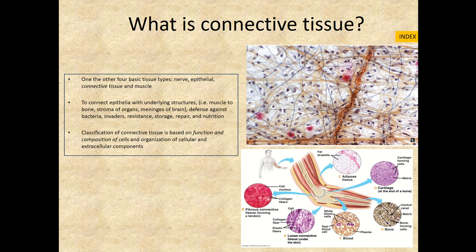And then the other really big category is something called fibrous connective tissue, which is made up of fibers that are packed together into structures like tendons and ligaments. So those structures are made of connective tissue, but they're made of fibrous connective tissue. And then adipose tissue within itself is connective tissue, and you can find adipose kind of sprinkled in with loose connective tissue in different places.